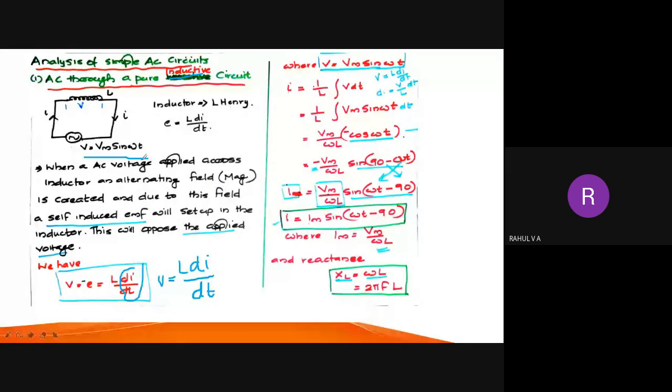How to find out what I is? Because we have the term di by dt, for finding I we have to integrate the formula. When we integrate, di by dt will become I. So I move all the terms to the left-hand side: V divided by L into dt is equal to di.